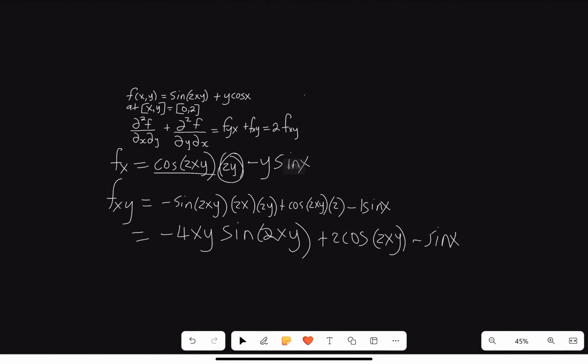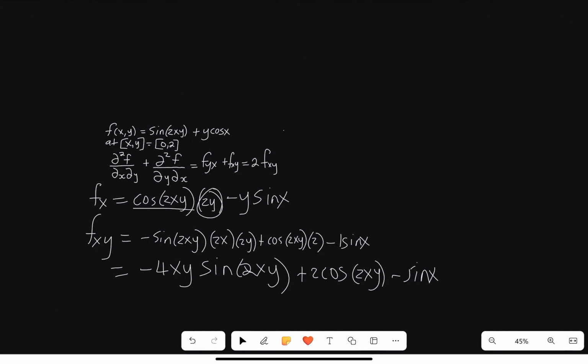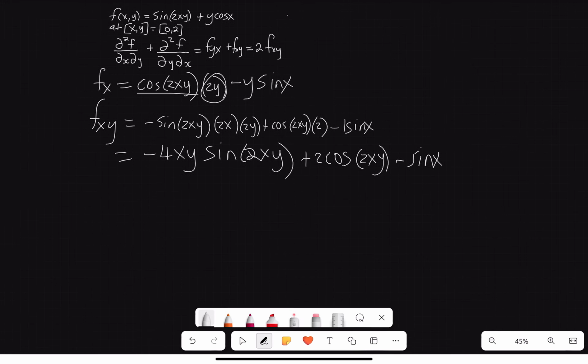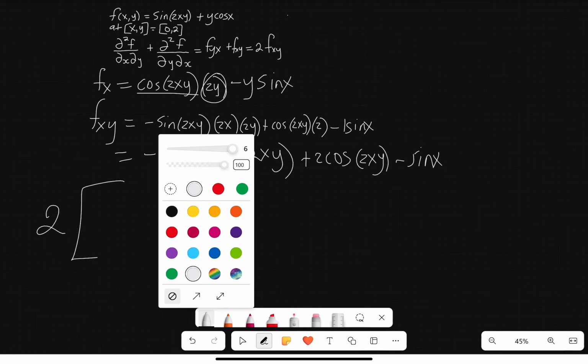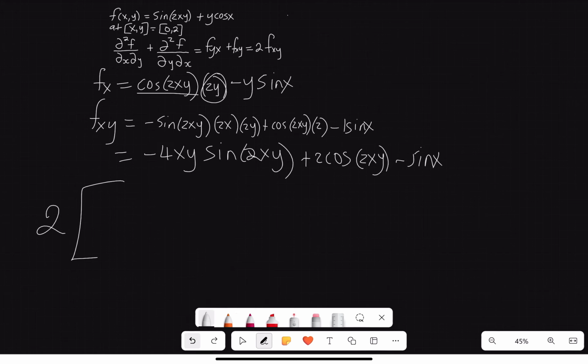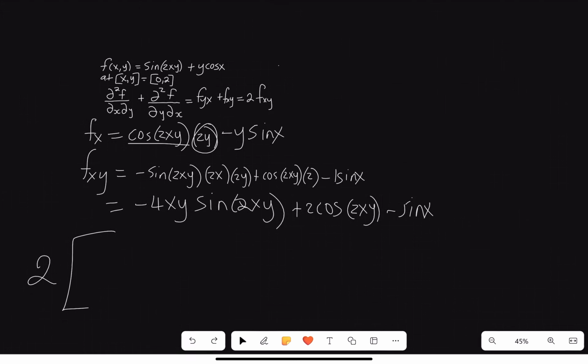But according to this, our answer is going to be 2 multiplied by, remember now we can substitute. Our x value was 0. If you check, our x value here is 0, and our y value is 2. So where I see x, I'm going to put 0, and where I see y, I'm going to put 2.